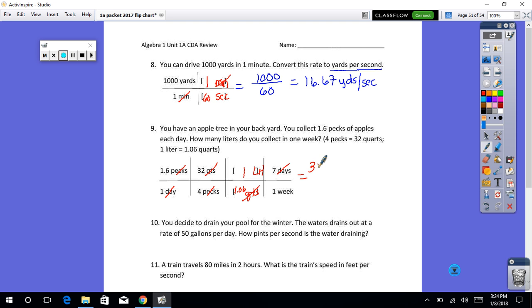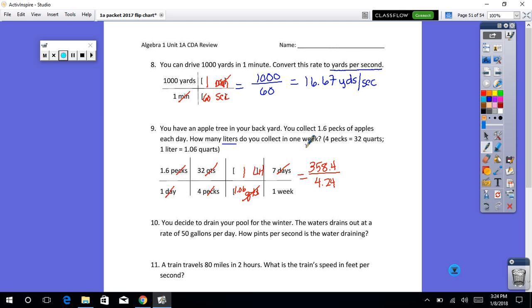So I get 358.4. And then on the bottom, I have 1 times 4 times 1.06 times 1. So 4.24 on the bottom. Check your conversions and make sure you are left with the only 2 things that you want.